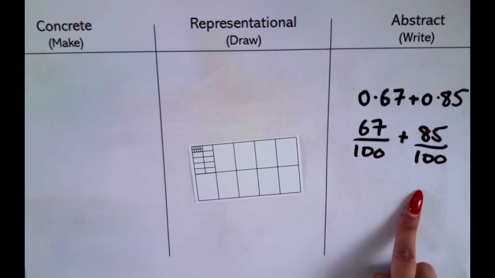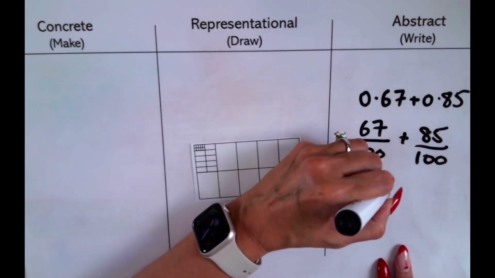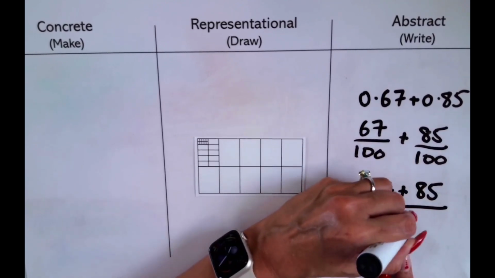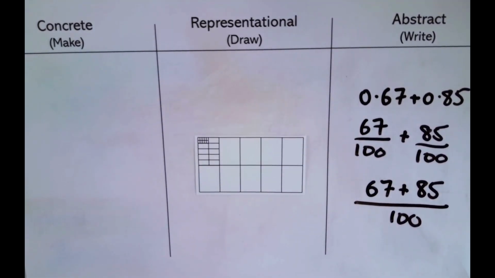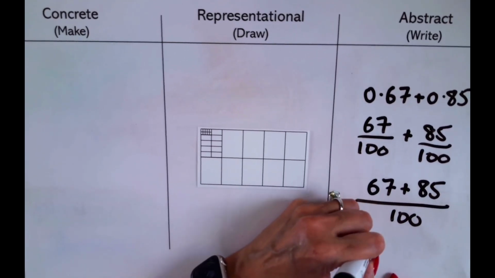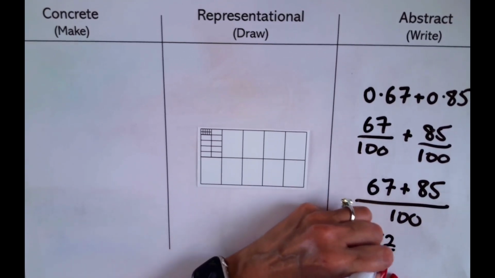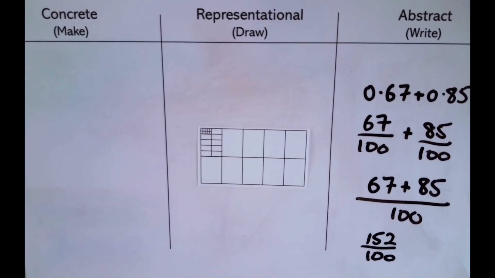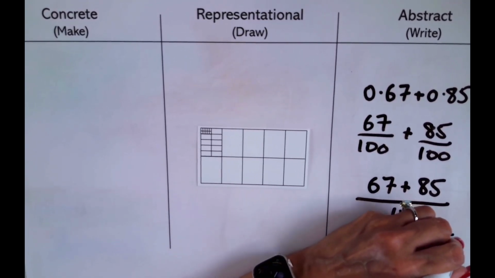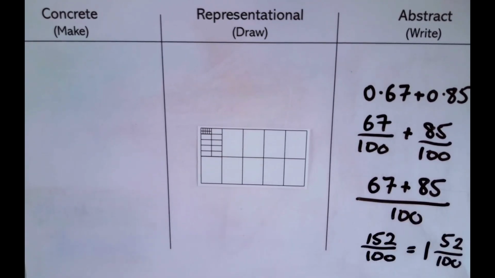And as they go along, they'll start to very quickly realize that they can simply add their fractional parts over their decimal fraction or their decimal fractional parts. So in this case, 67 plus 85 is going to be 152 hundredths. 152 hundredths is 1 and 52 hundredths.